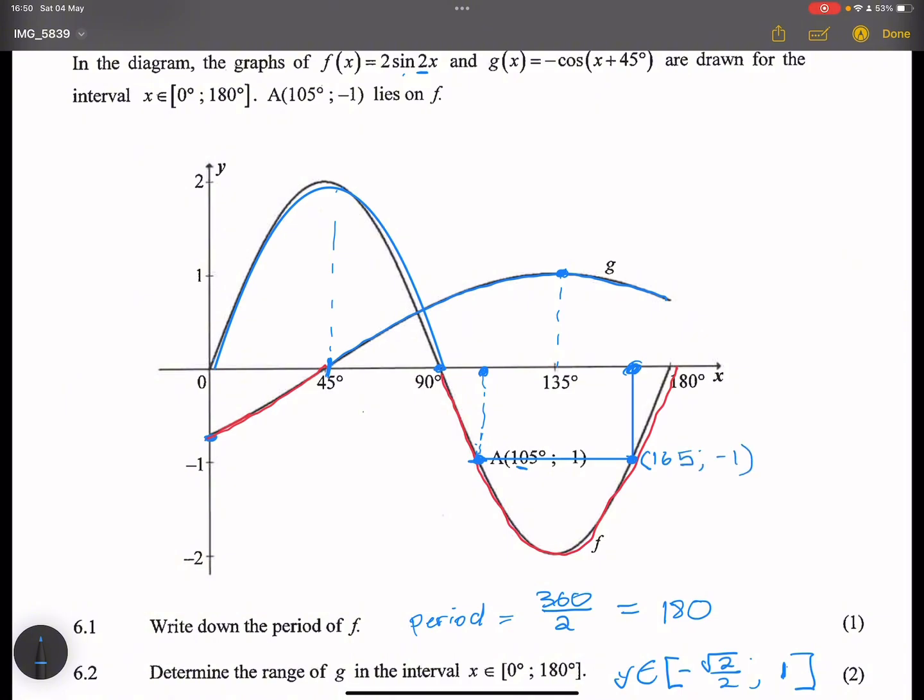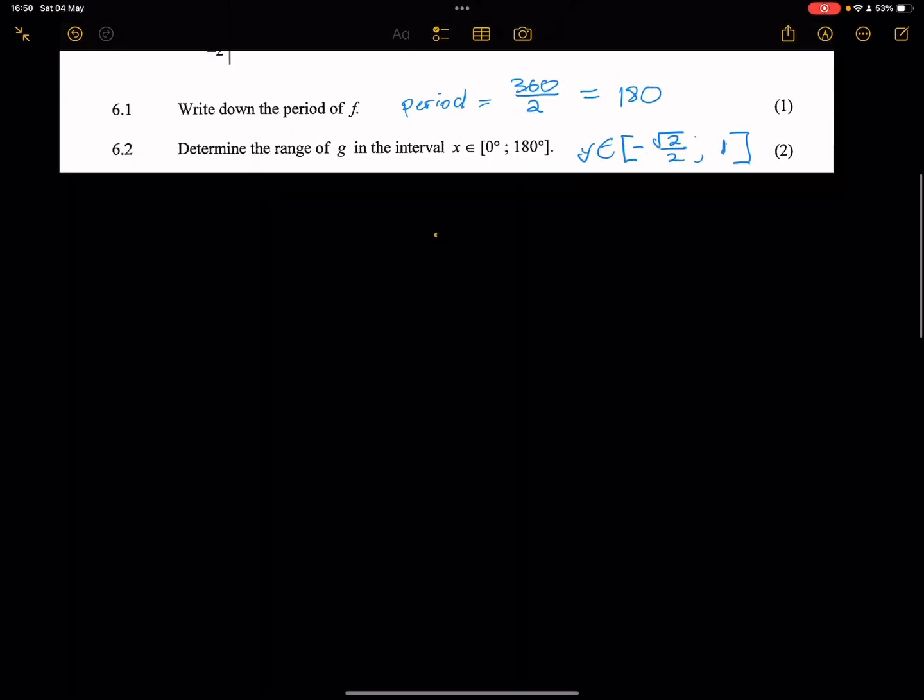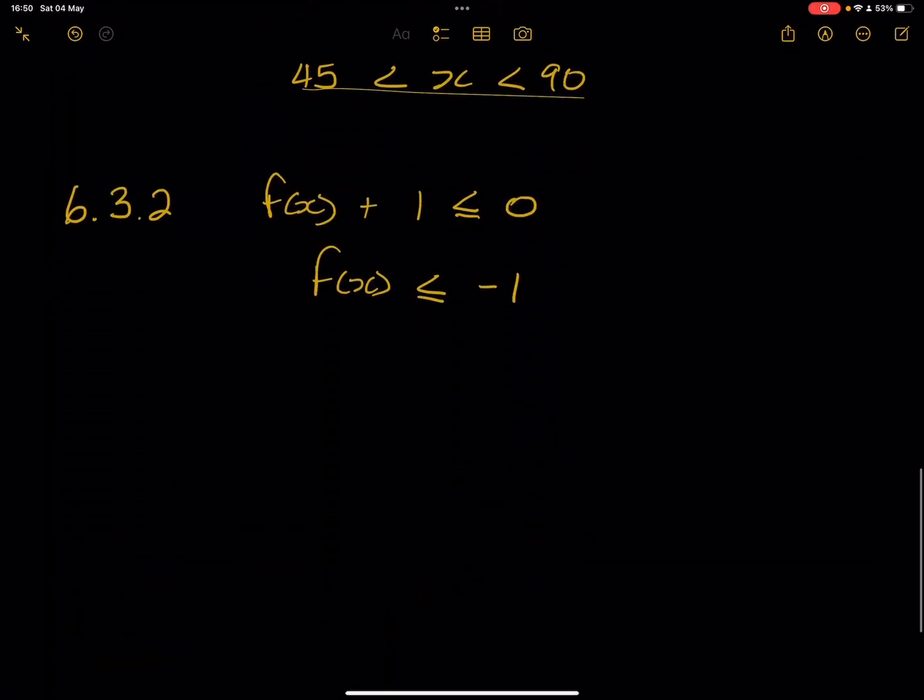So where is the graph less than -1? It's in this region over here. So it will be between x is an element of 105 to 165. We can write that down and say x would be an element of 105 all the way to 165.